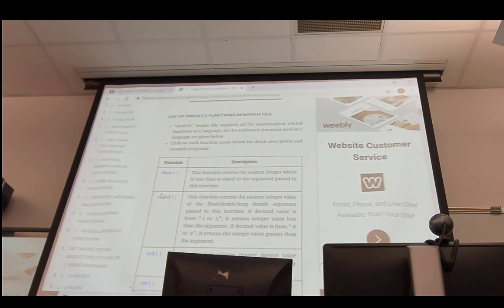Because it had to load all those libraries. So what they did with C++ was say, okay, we're going to allow the user to only load the libraries that they need when they need it, to reduce the size of the program so that it can load faster and run faster.